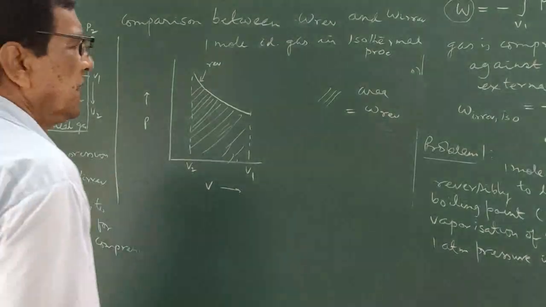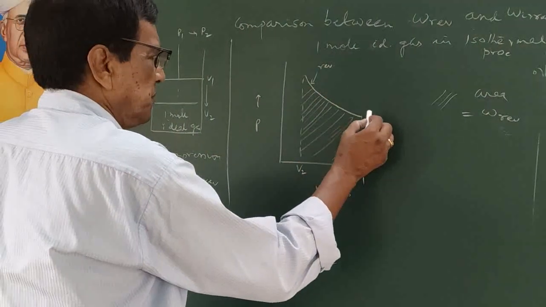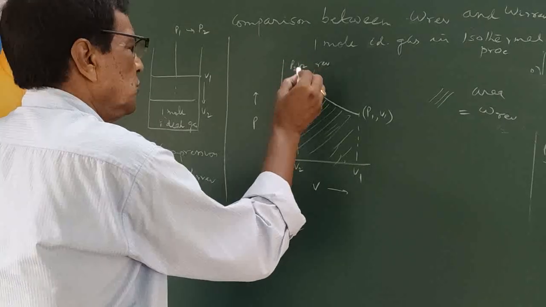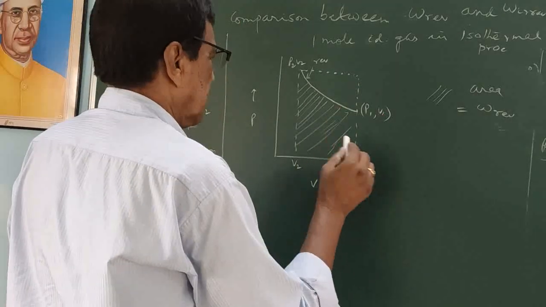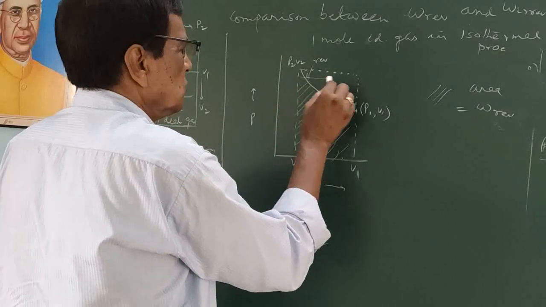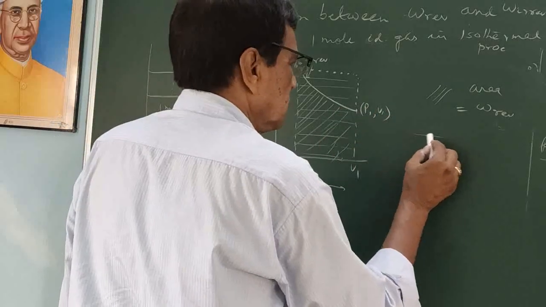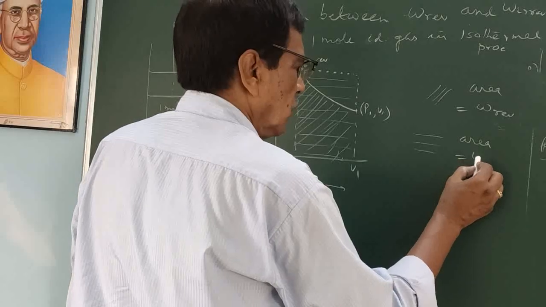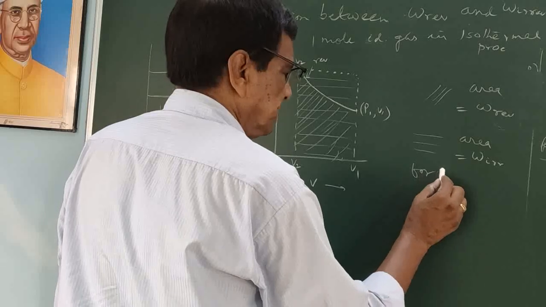If it is done in irreversible way from V1 to V2 compression, then it is P1 and V1, and this is P2 and V2. In this case, the amount of work done is P2 into the volume change, so this will be the area for work done in irreversible process for compression.